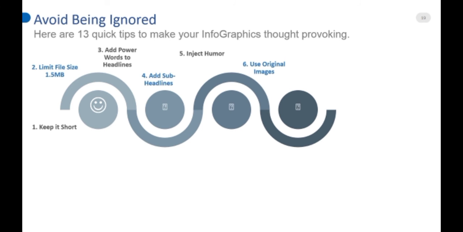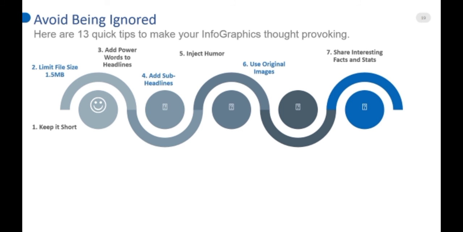And number 6, use original images. And number 7, share interesting facts and statistics. And number 8, share the history of your product and service. And number 9, compare the products. And number 10, quote interesting facts from notable sources.